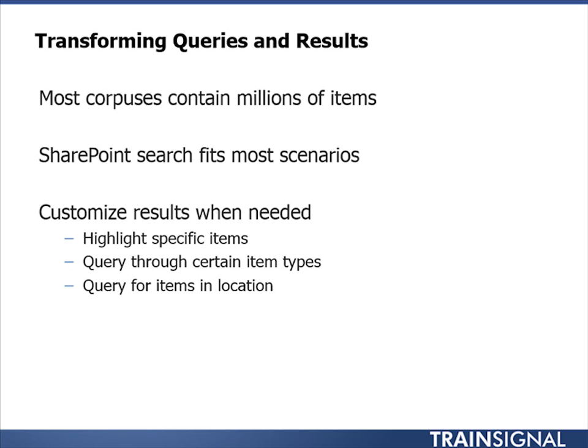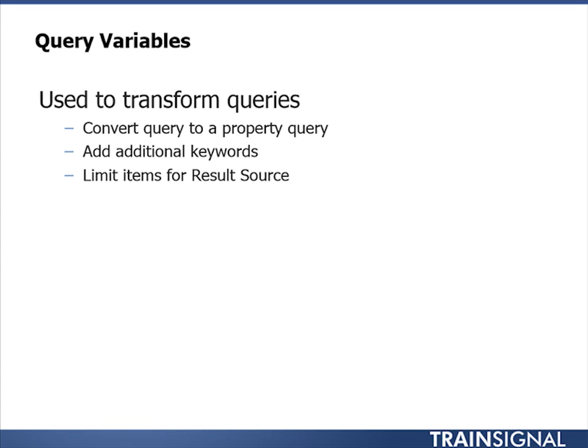Now, before we start taking a look at all the different rules and so forth that we can create, I want to highlight that all this is going to break down based on variables. Our variables give us the ability to transform our queries.